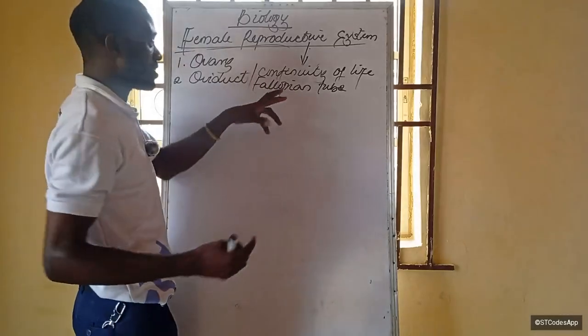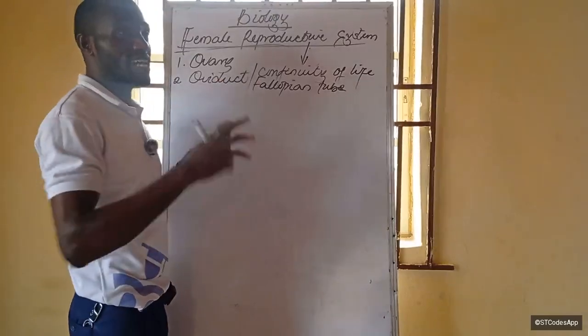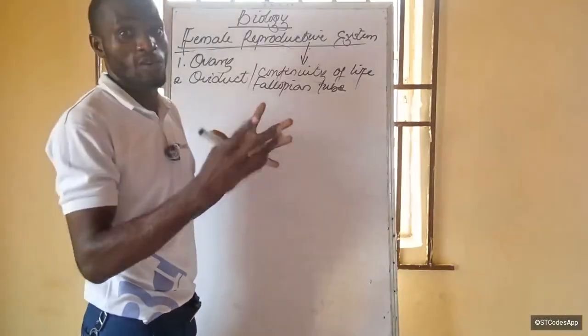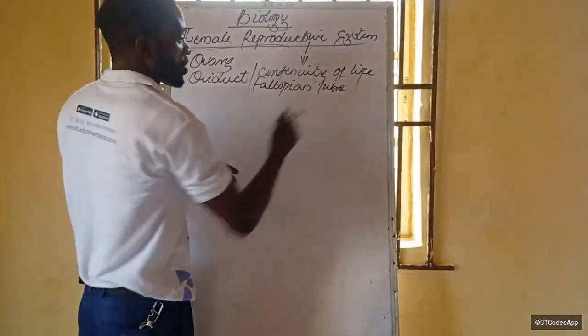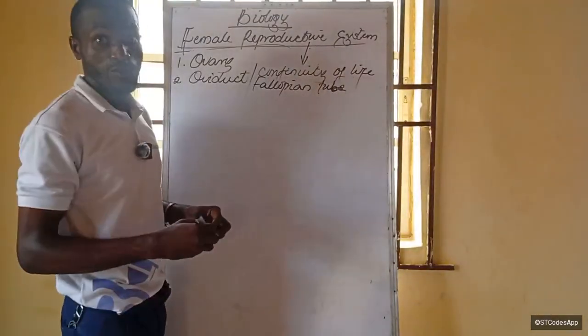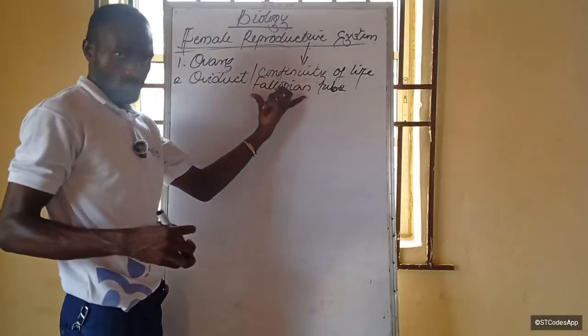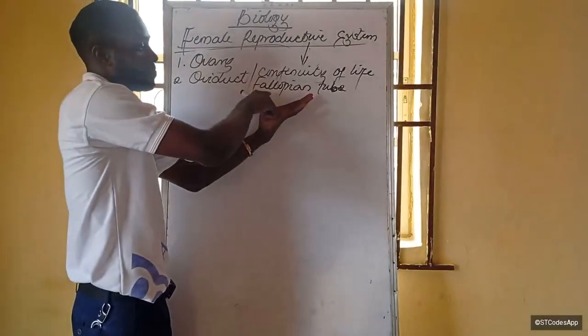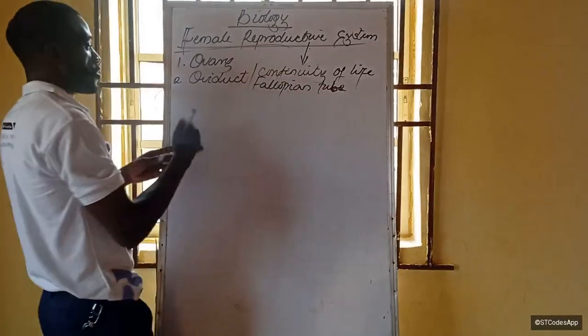I've forgotten the name of the scientist. He was one of the fathers of human anatomy. That's the point. So Gabriel Fallopius, this tube is called the fallopian tube, the oviduct.